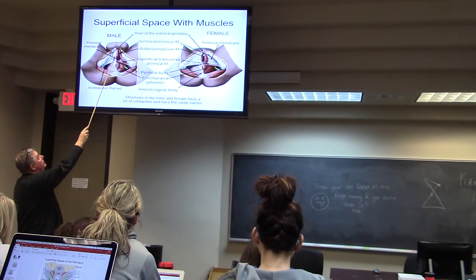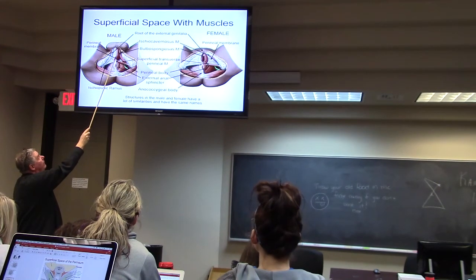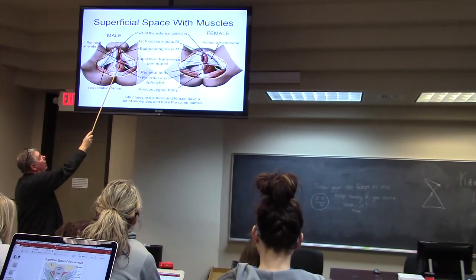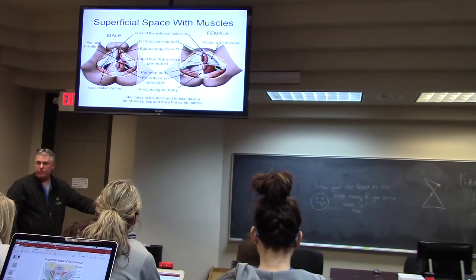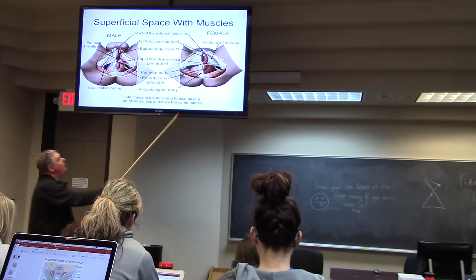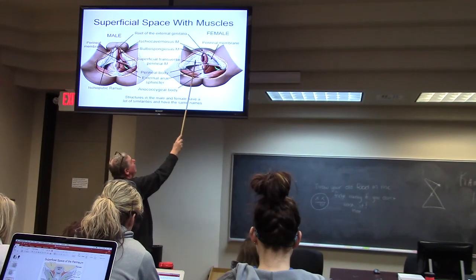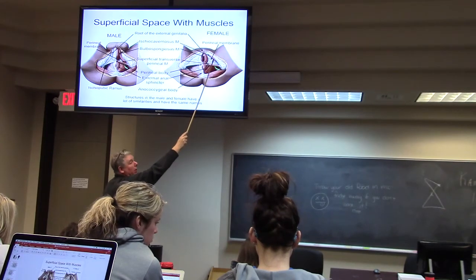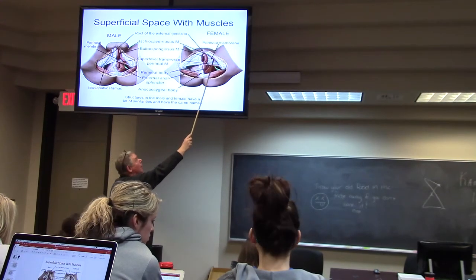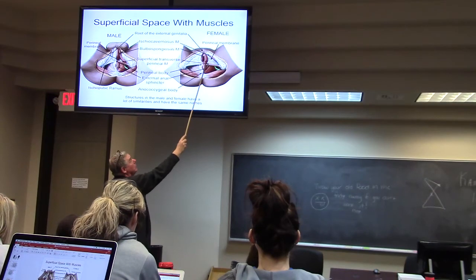Because the external genitalia hang off of it, underneath the perineal membrane would be the deep transverse perineus muscle. Here it is in the female. Perineal membrane, underneath that is going to be the muscle. Here's the ischiocavernosus muscle, the bulbospongiosus muscle.